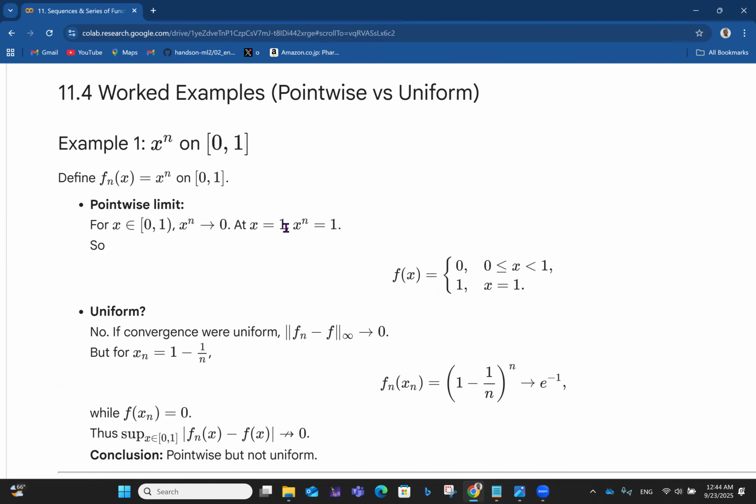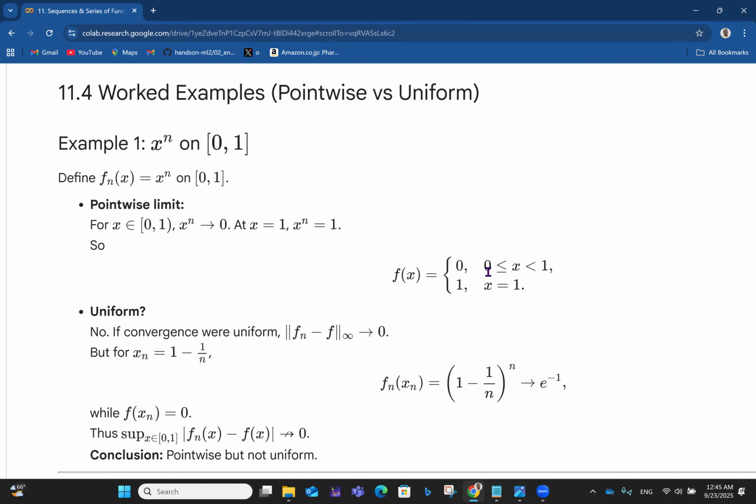At x equals 1, we have 1 raised to the power n, and that's simply 1. So f of x will be 0 when x lies between 0 and 1, with 0 included.